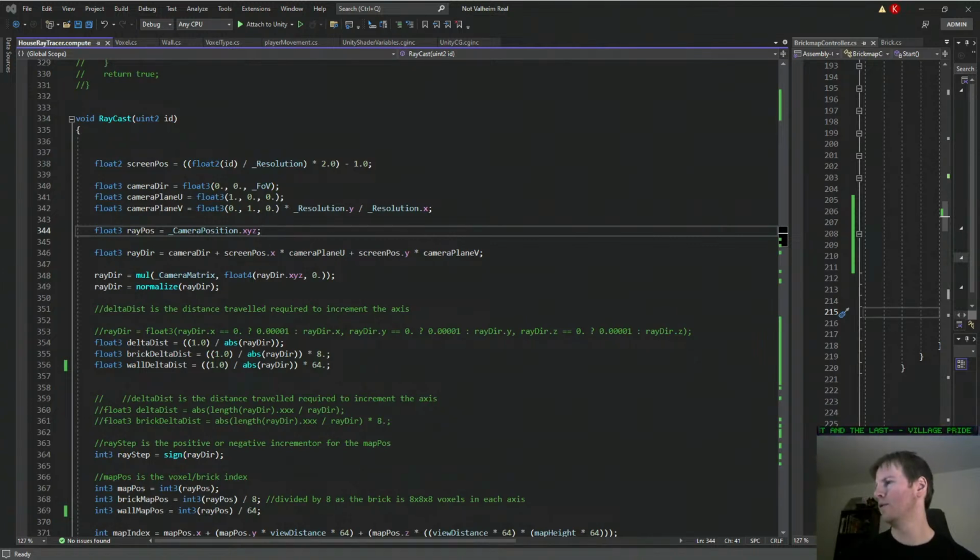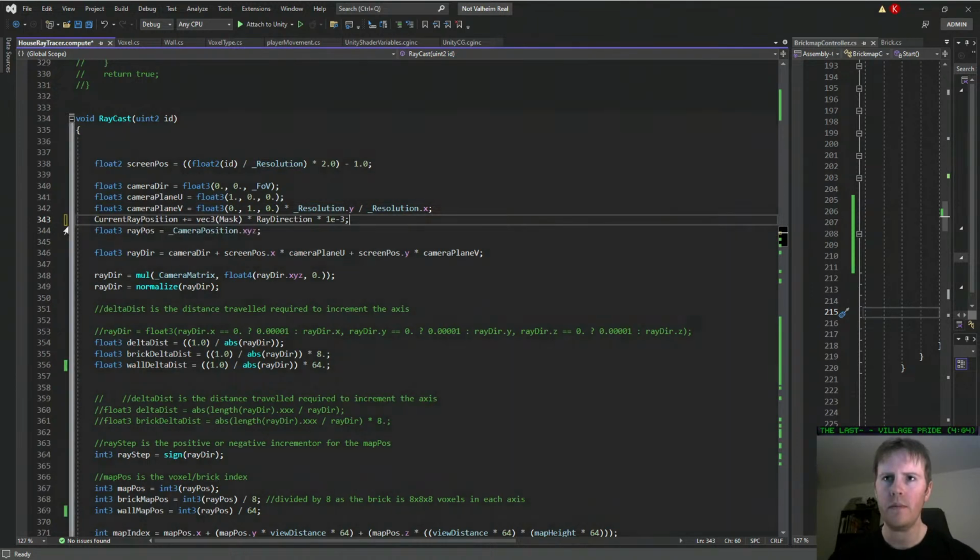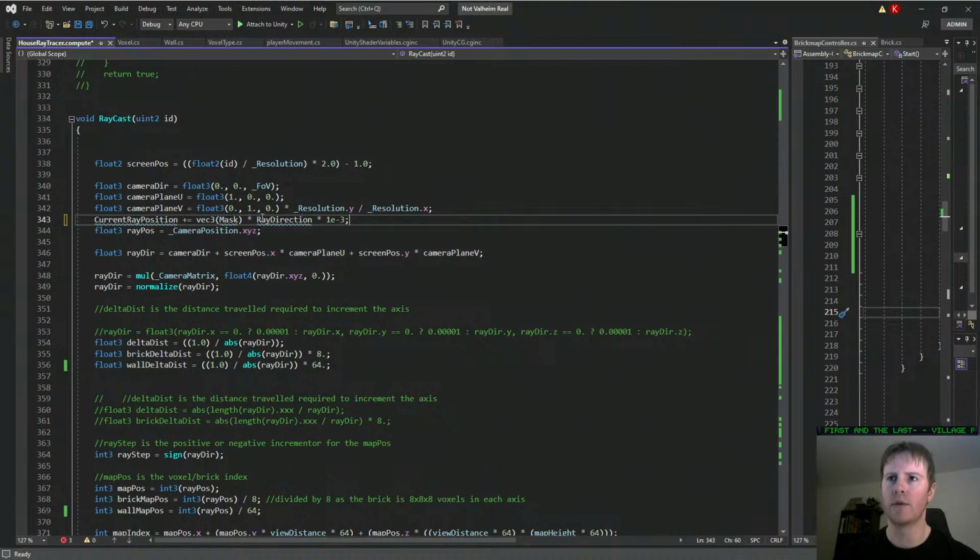I don't understand what he's doing here. Current ray position plus equals vector 3 mask times ray direction times 1e minus 3. So that's... what?